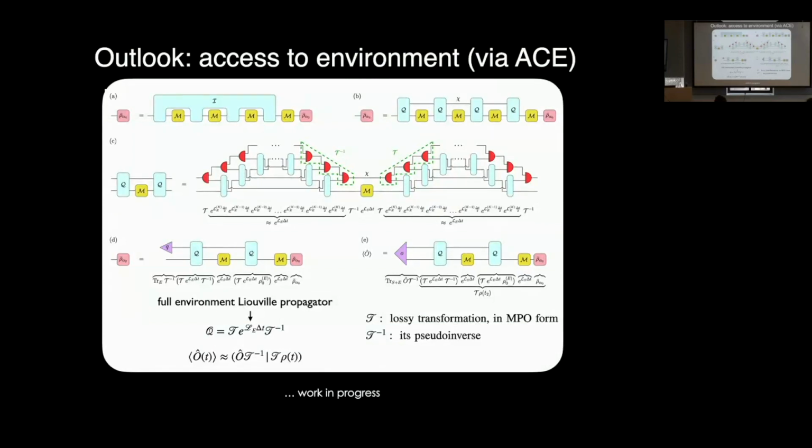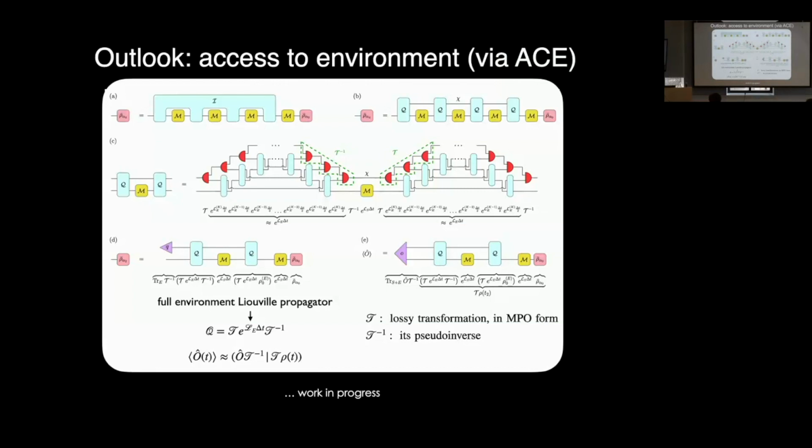If we construct that mode by mode, we can think of the compression as a lossy, rank-reducing transformation, which we have available in matrix product operator form. We can compute a pseudo-inverse, which enables us to go back to the full environment Liouville operator and actually say something about bath operators, or combined system-bath observables.